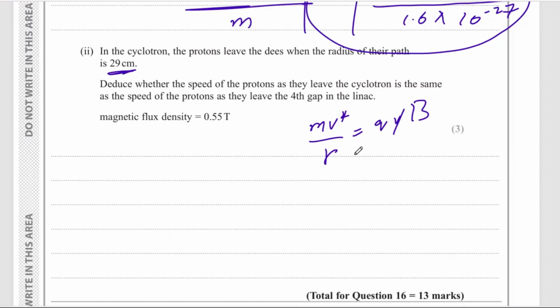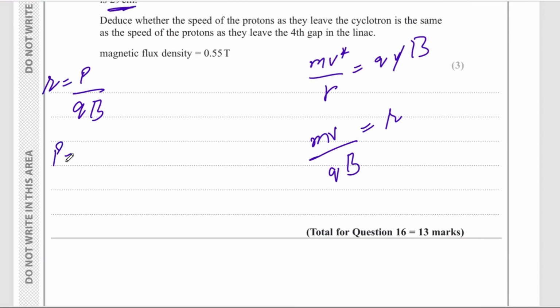And r should be mv divided by qB. So r comes out to be momentum divided by qB. If you're really looking for the momentum, because only the momentum can give me the velocity here, momentum has to be r times qB.